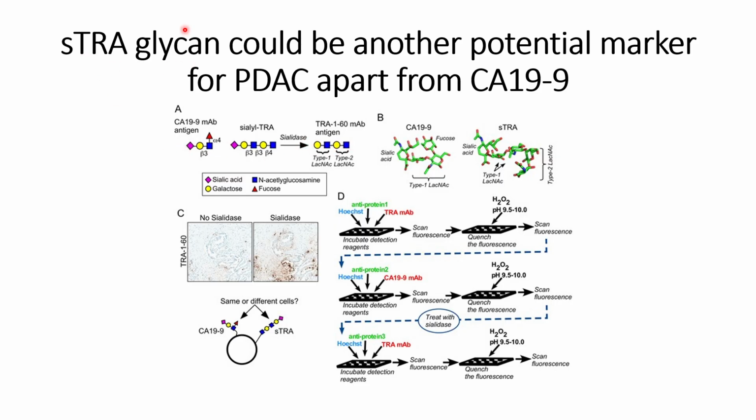The approach they used to detect these sTRA glycans, that is TRA glycans with the sialic acid, is that first they use the TRA antibodies so that they can bind to the non-sialic acid TRAs.